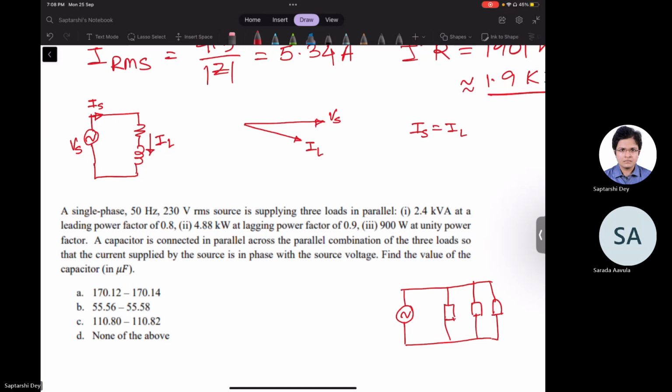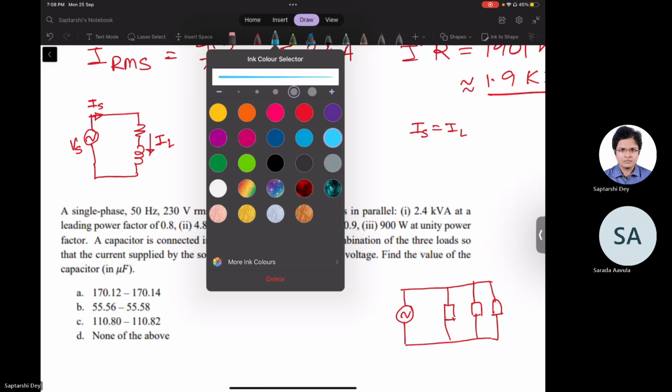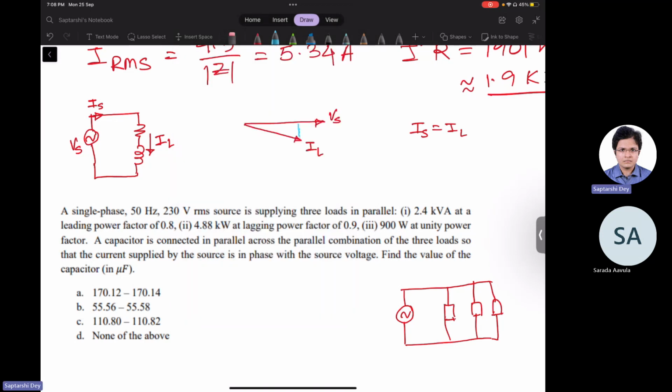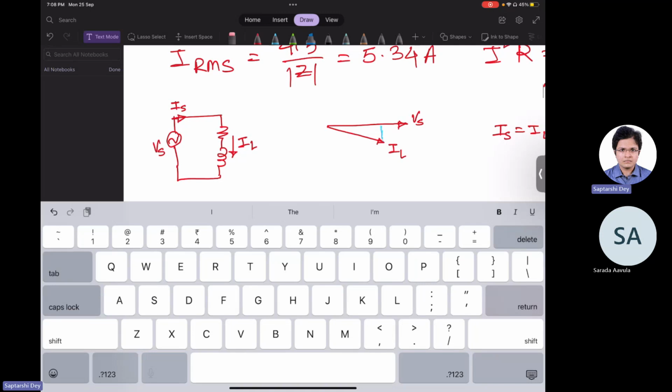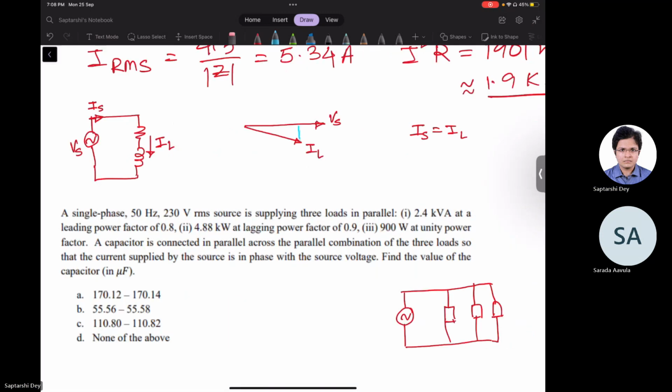So what we have to do is, if we look at IL, it has two components. If I draw the components of IL, one is along this, which is lagging Vs by 90 degree.